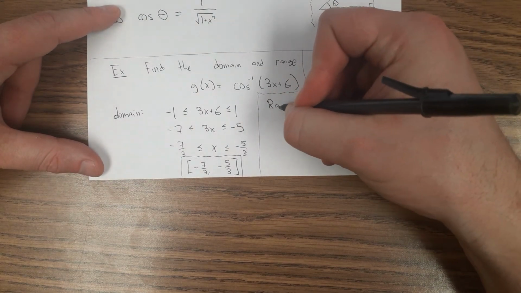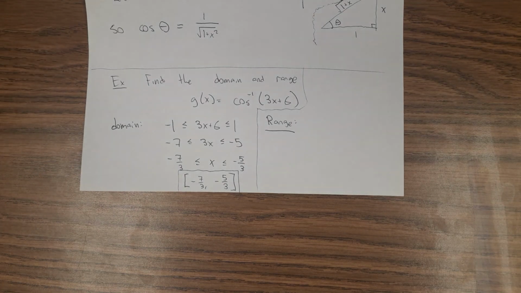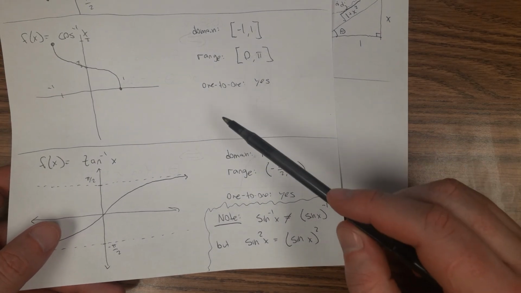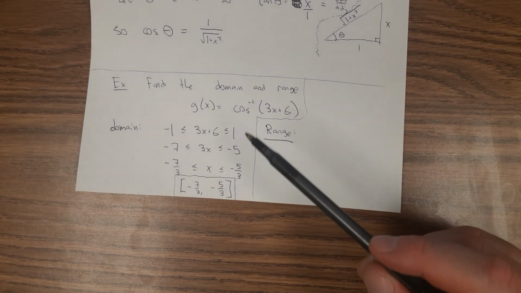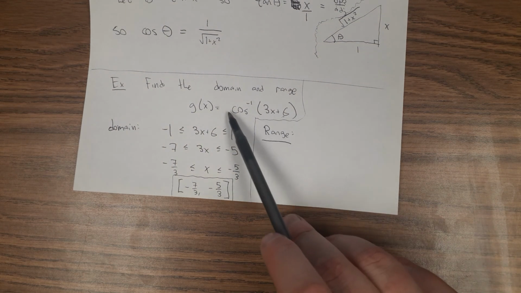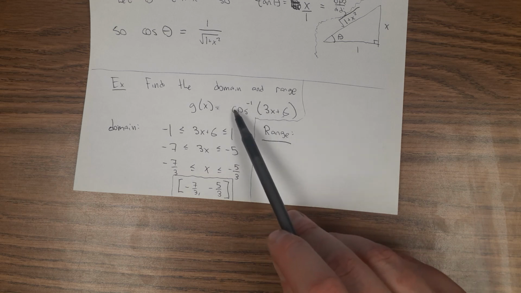We also needed the range. The range is going to be easy because the range of arc cosine was from 0 to pi. And so we're plugging in something funny to arc cosine, but then we're not doing anything after that. Like I'm not multiplying by a number or adding a number or really anything.